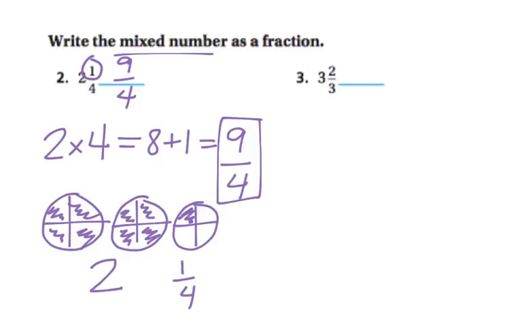Now I could count how many fourths I have to get to the same improper fraction. Now I'm going to go over it with this red. 1, 2, 3, 4, 5, 6, 7, 8, 9 fourths. I just wanted you to visually see how 2 and 1/4 is the same thing as 9 fourths.